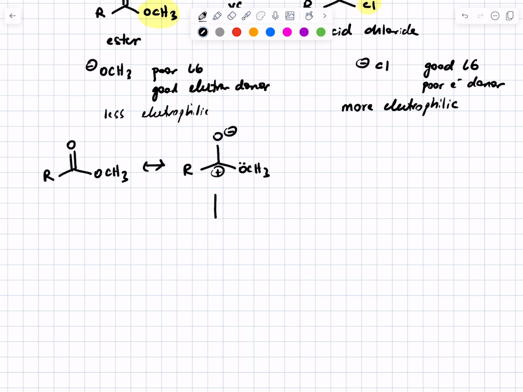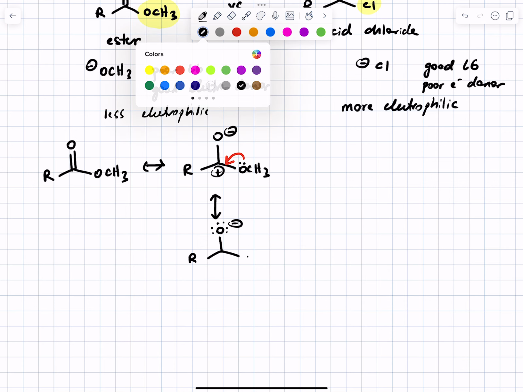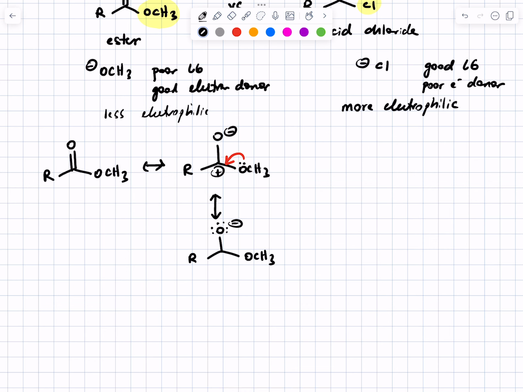And then we need to realize that the oxygen of the OCH3 group, which is a good electron donor, has a lone pair on it adjacent to that positive charge. So you would expect a good electron donor to donate electron density into the place where there's positive charge, and you can draw this resonance structure in which you now have a pi bond between the oxygen of the OCH3 or methoxy group and the carbonyl carbon with a positive formal charge on the oxygen.